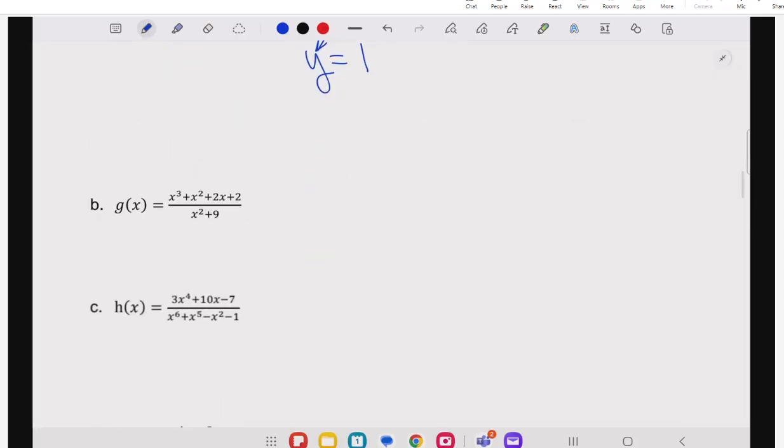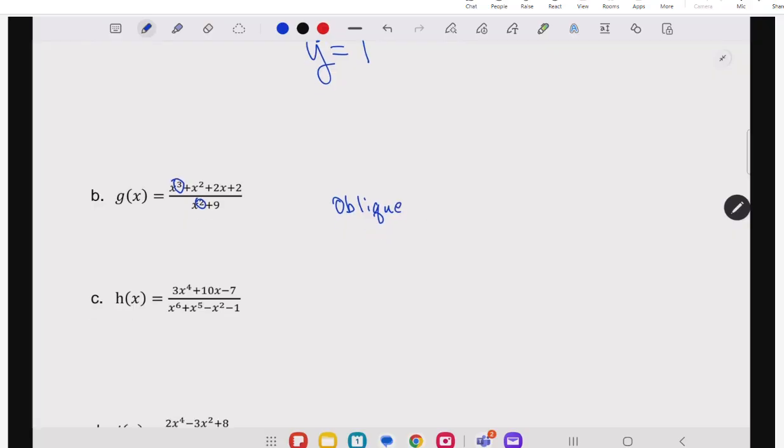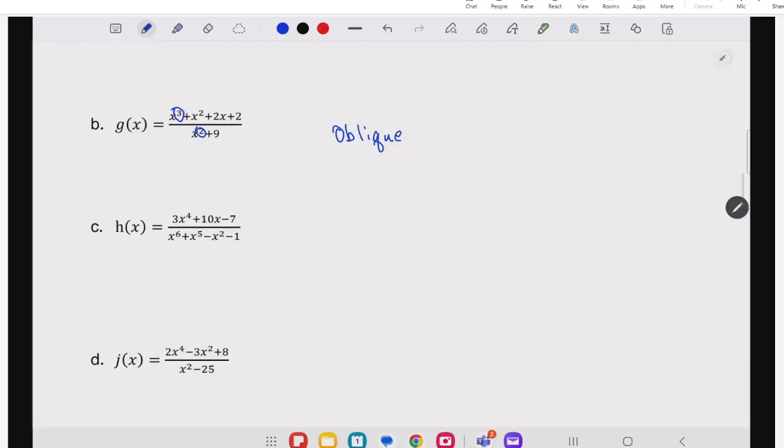Okay, the next one. This one, the degree of the top is 1 more than the degree of the bottom. So we know that this is going to be an oblique asymptote. And we don't cover that in this class, so we're just going to say it's got an oblique. Okay, the next one. I see that the degree of the top is less than the degree of the bottom.